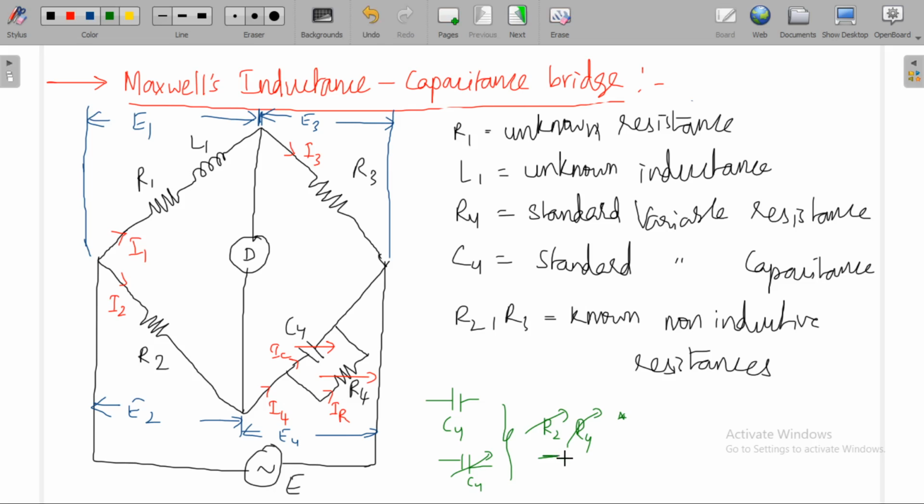If you vary R2, that shows effect on both R1 and L1. By varying R2 and R4, it is difficult to get balance conditions. So there will be difficulty in balance adjustment.